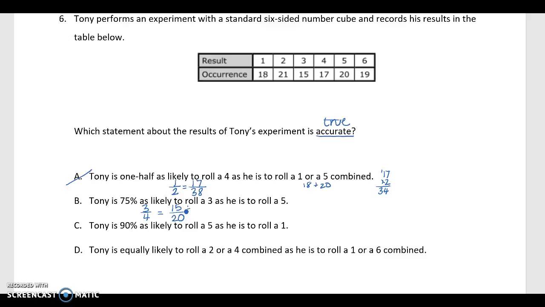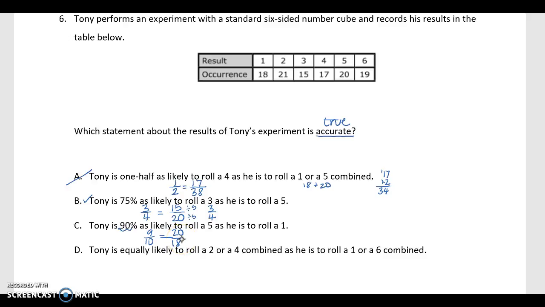Well, if I divide by 5, divide by 5, I get 3/4. So that's looking pretty good to me. Let's look at C. He is 90% as likely to roll a 5 as a 1. So 90% is the same as 9/10, right? Because percent to decimal, move 2 places, 0.9 is 9/10. To roll a 5, so 5 is 20, as he is to roll a 1, 18.